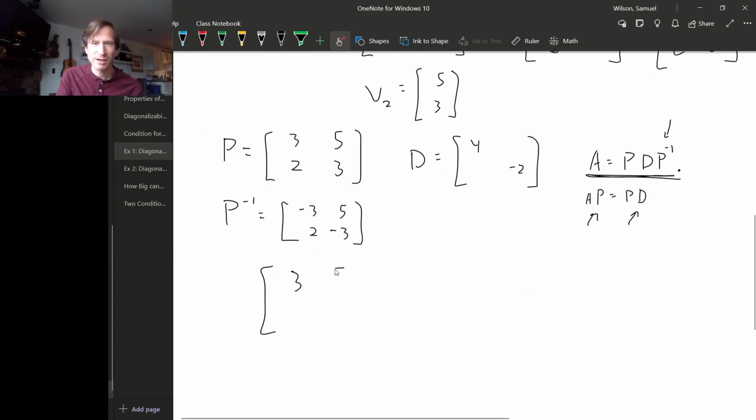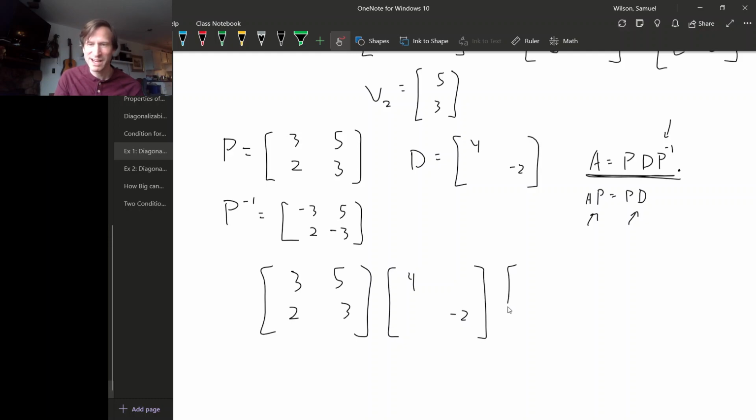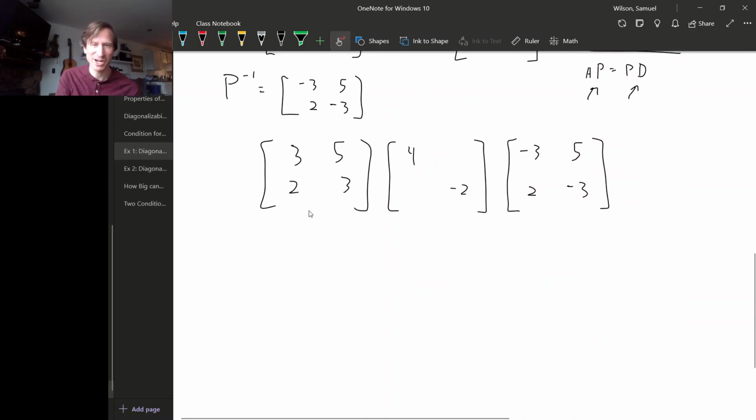So 3, 5, 2, 3. If you're confident in your calculation, you don't necessarily need to check, but at least the first time we do this, it's good to see that this actually works. I mean, we know that it should. The theory is sound, but it's kind of nice to see the numbers actually work out.